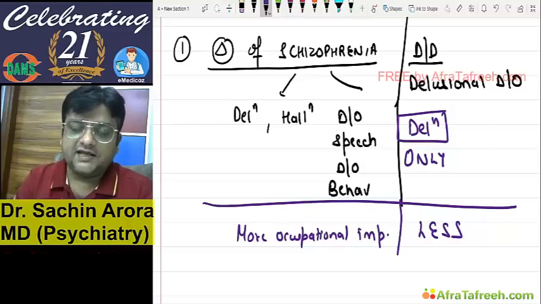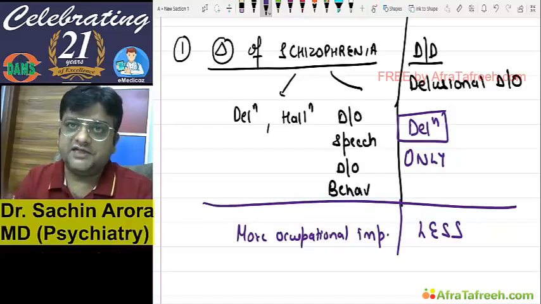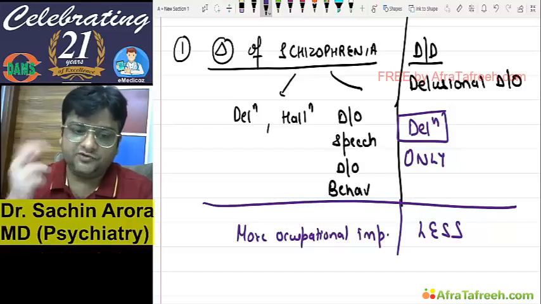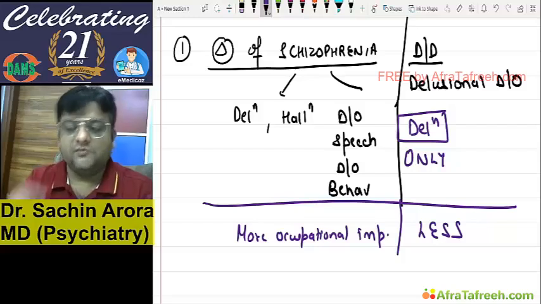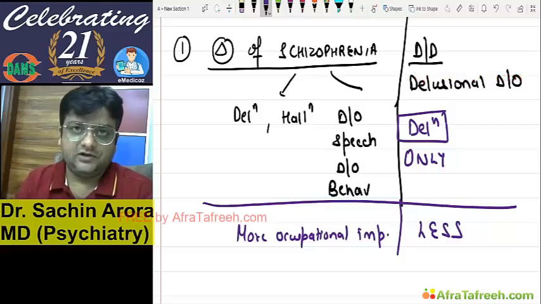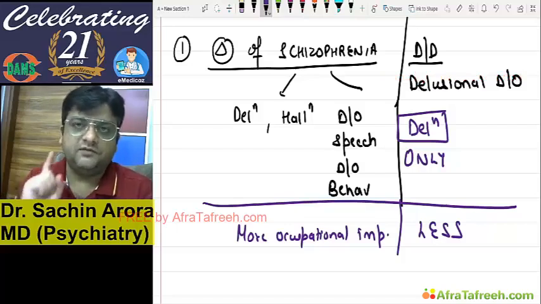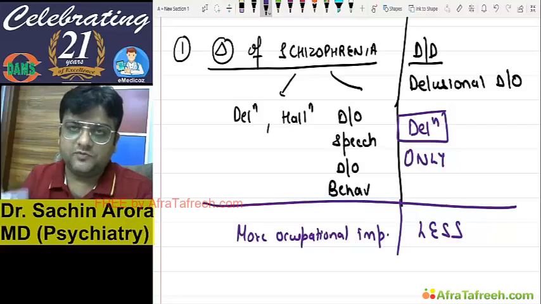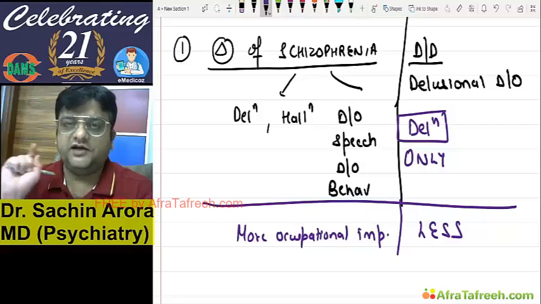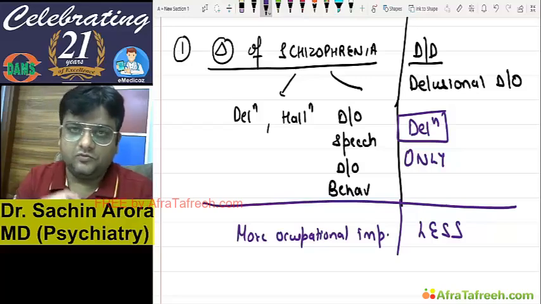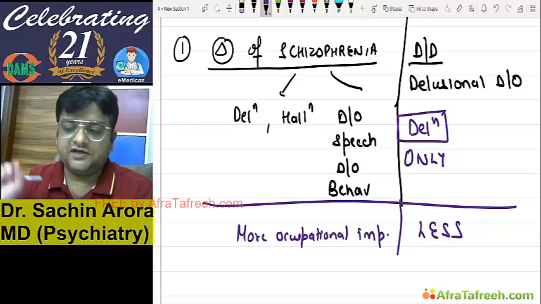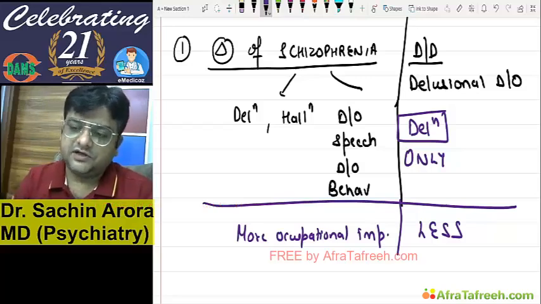Students say, I get confused between these two options. What you say, I get confused, I am only discussing that, not discussing the complete topic at all. Schizophrenia versus delusional disorder, only 1 point to keep in mind. Too much affected, schizophrenia, only delusion, delusional disorder. More job impairment, schizophrenia, less delusional disorder. Case over.